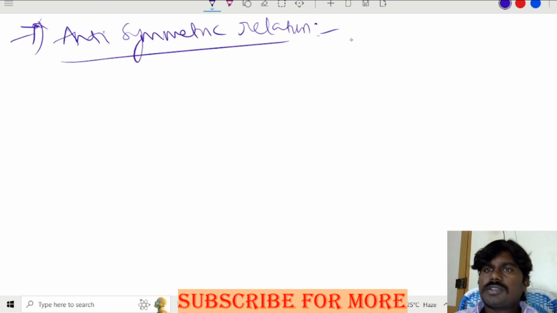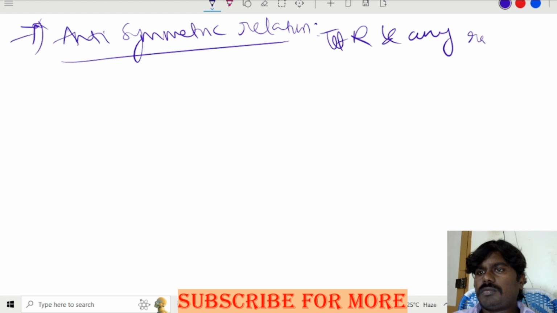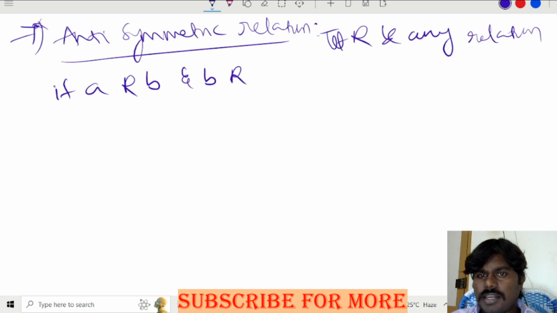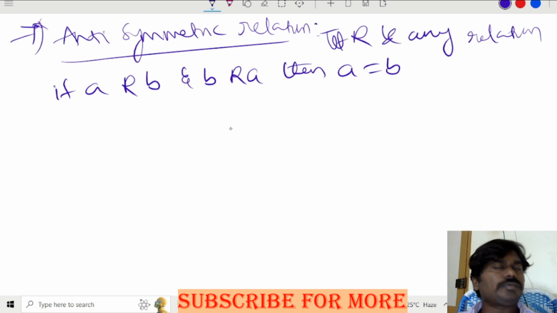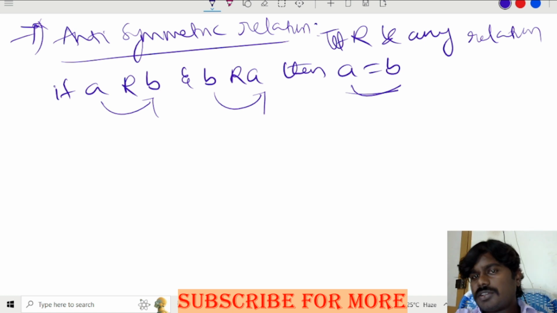Again, I am taking R to be any relation, and R is said to be an antisymmetric relation if A is related to B and B is related to A, then A is equal to B. Okay, if A is related to B and B is also related to A, then A is equal to B. Then the relation is called an antisymmetric relation. So here let us see the example.